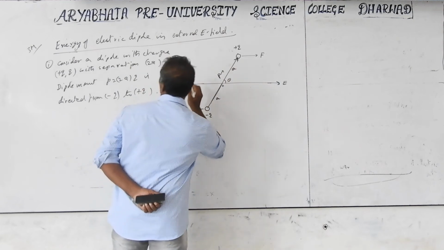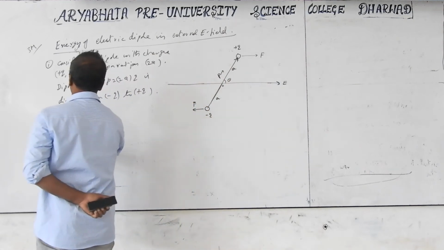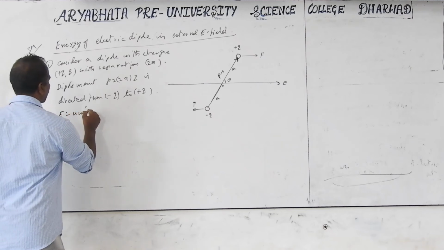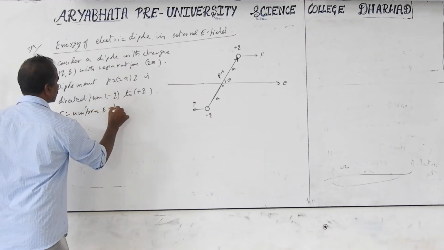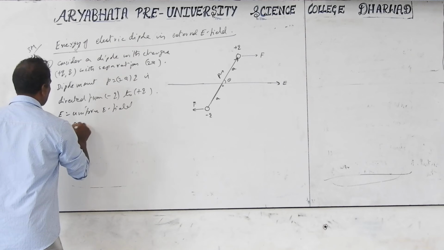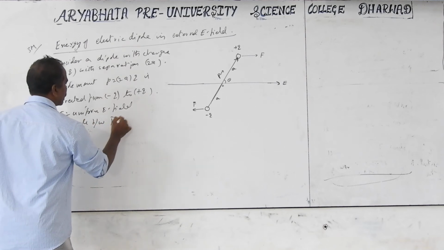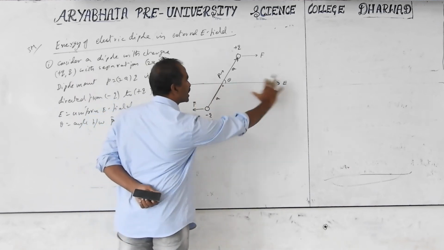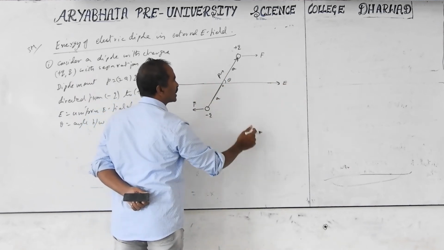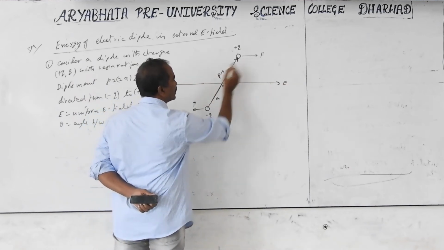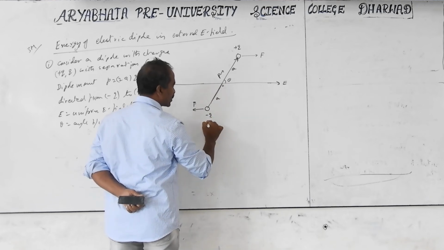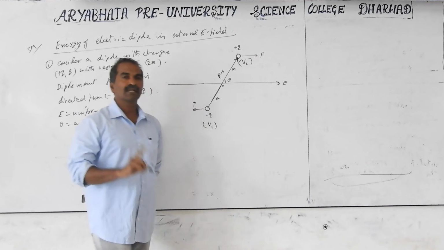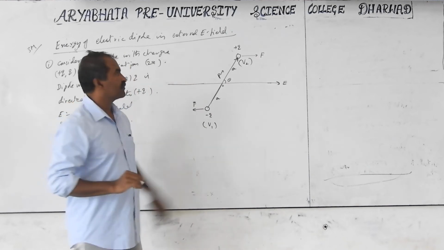Let us take a uniform electric field E, and theta is the angle between the dipole moment P and E. In a uniform electric field too, the potential decreases in the direction of the field. So going from left to right, the potential decreases. At this point I take the potential as V1, with position vector R1, and at this point V2, with R2.